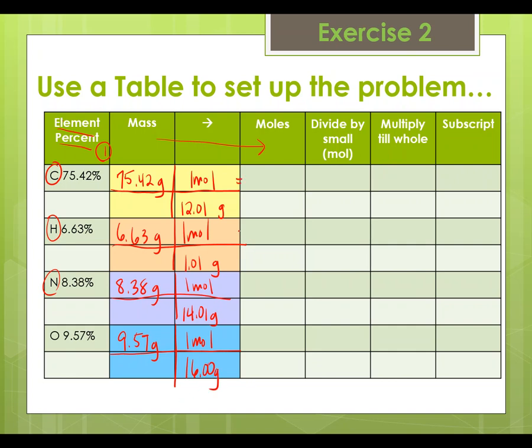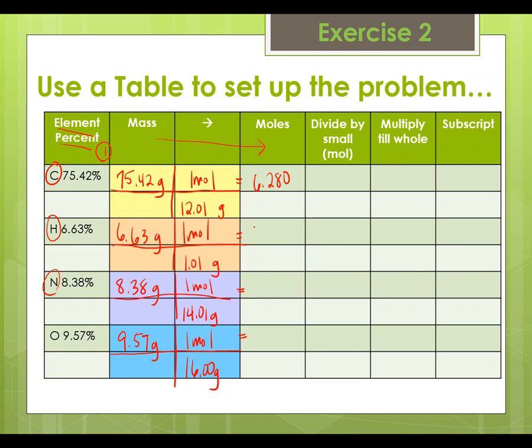Now we calculate the moles for each one of these. So we kind of throw our T-charts in there. We do 75.42 divided by 12.01. Now we're going to carry this out 4 digits because this original percent was 4. So 6.280, then 6.63 divided by 1.01.